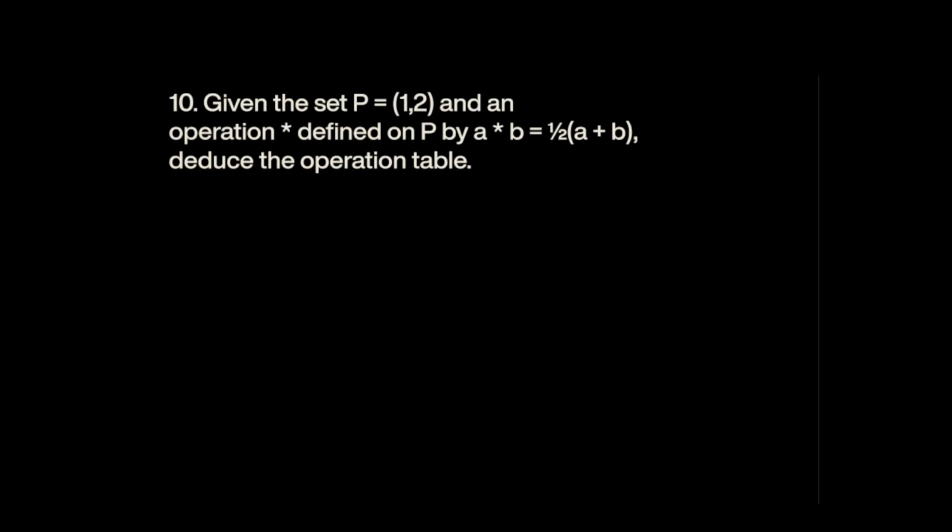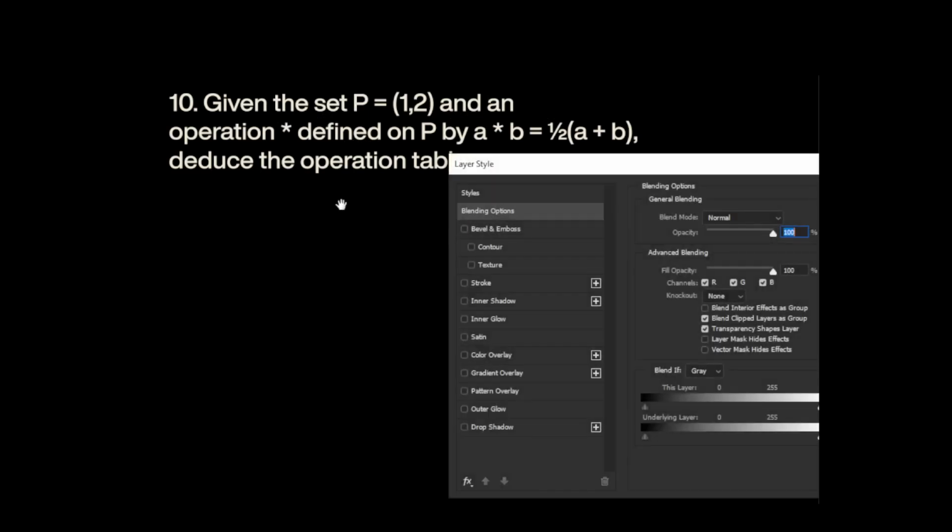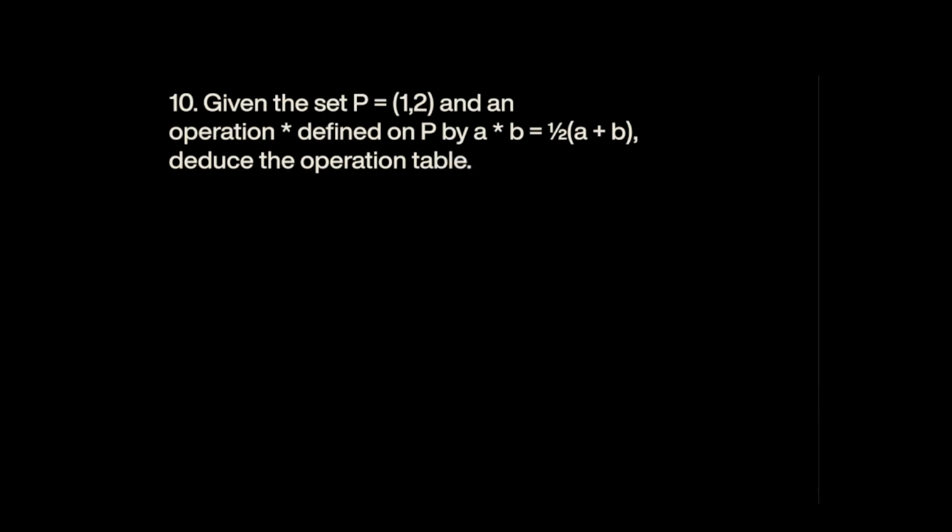All right. So if we have this now, given that set P is equal to 1, 2, and an operation asterisk defined on P by A operation B equals 1 over 2 into A plus B. Deduce the operation table.